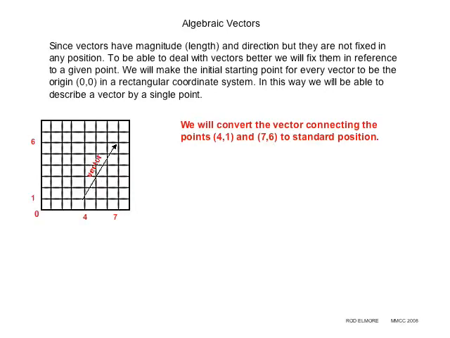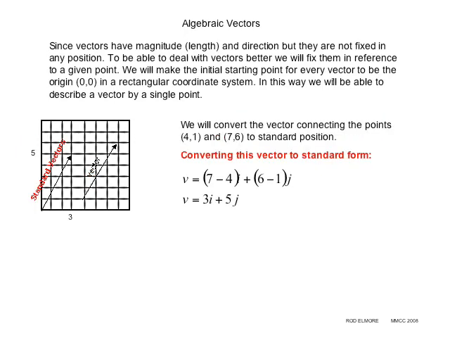How would that change those coordinates if you wanted the first coordinate to be 0, 0 instead of 4, 1? Converting this vector to standard form, we're going to take 7 and subtract 4. That would shift it over so it was on the y-axis, and then the 6 minus 1 would shift it down to the starting point of 0, 0.